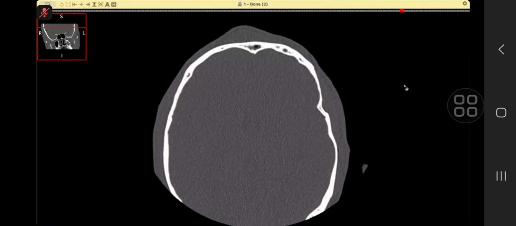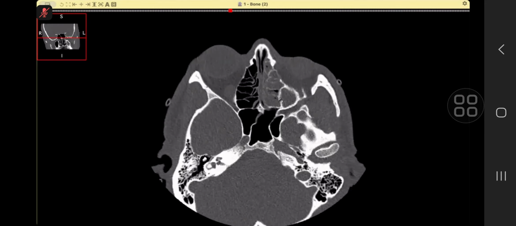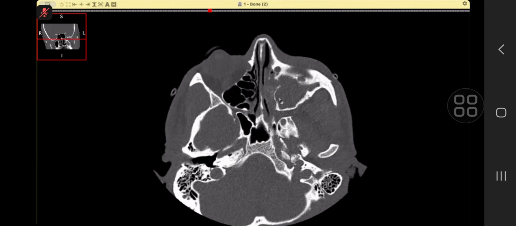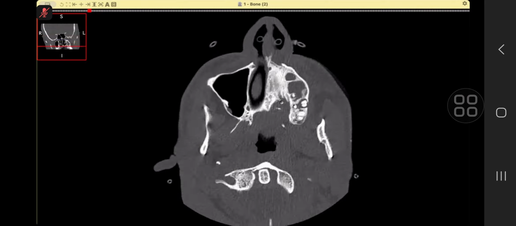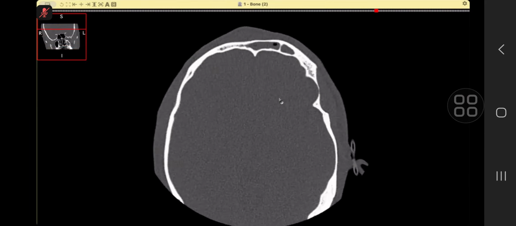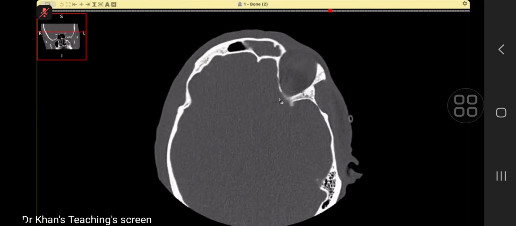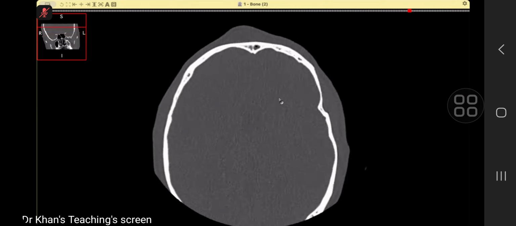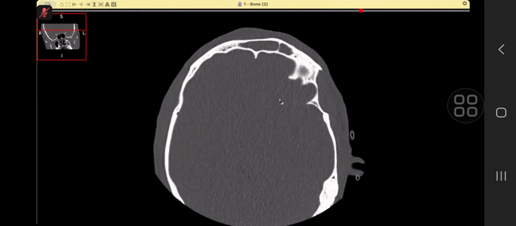I can't scroll well. Yeah, the sphenoid sinus appears spared, and no other mucosal thickening in the nasopharynx or the nose. The mastoid air cells appear aerated bilaterally.